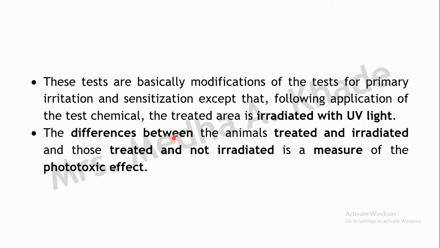We compare the outcome, the severity of the lesions produced, between the treated and irradiated animals and the treated and non-irradiated animals. In one group the animals are treated and not exposed to any light, whereas in the second group the animals are treated and exposed to UV light. The difference between the outcomes of these two groups is the measure of the phototoxic effect.